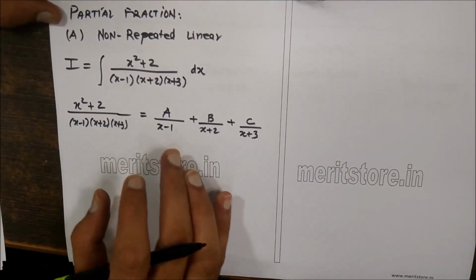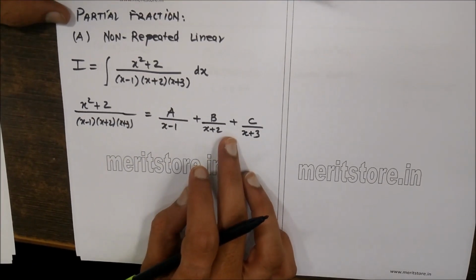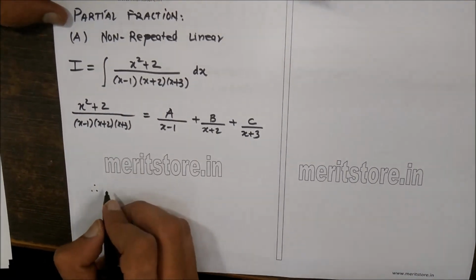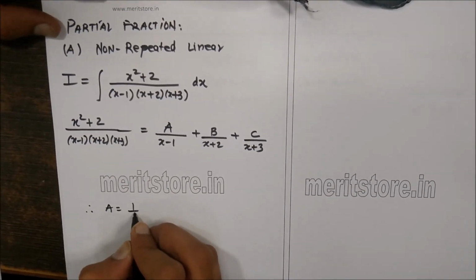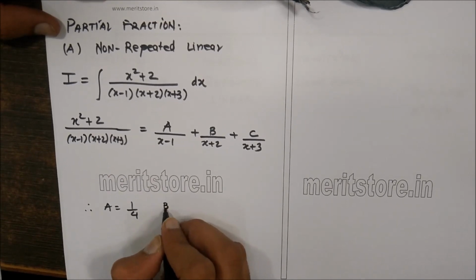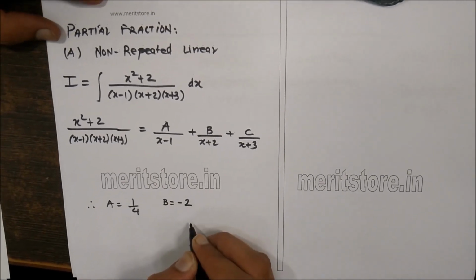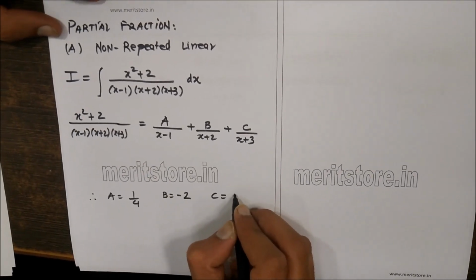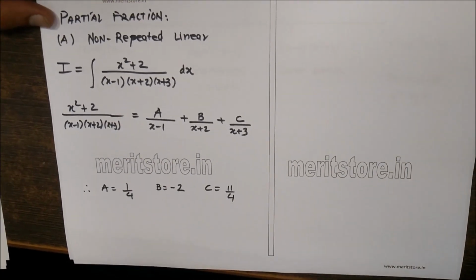After solving for this partial fraction, we will get the value of a as 1 upon 4, b as minus 2 and c as 11 upon 4.